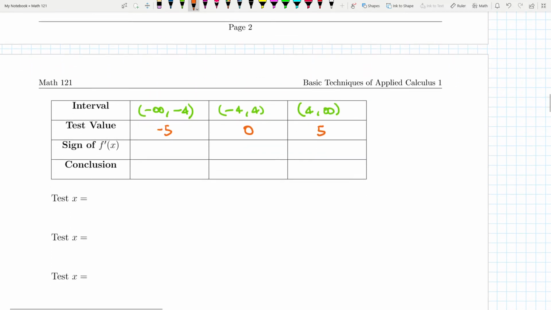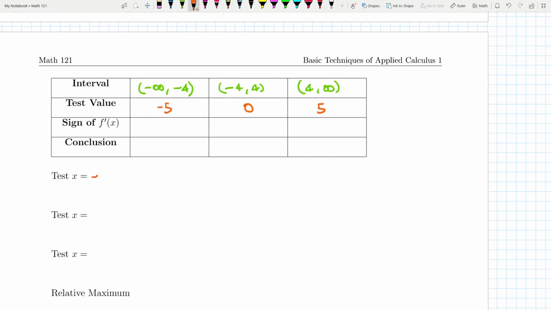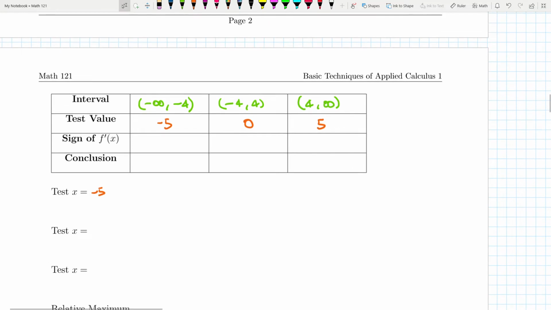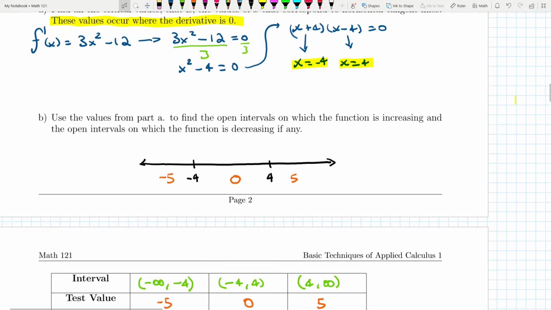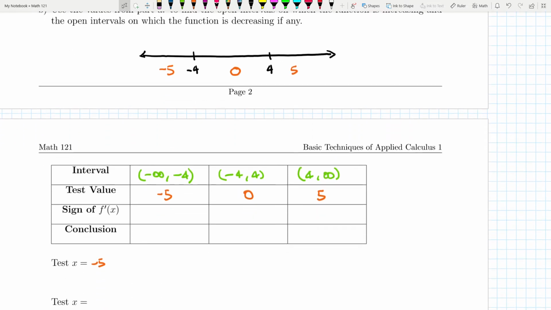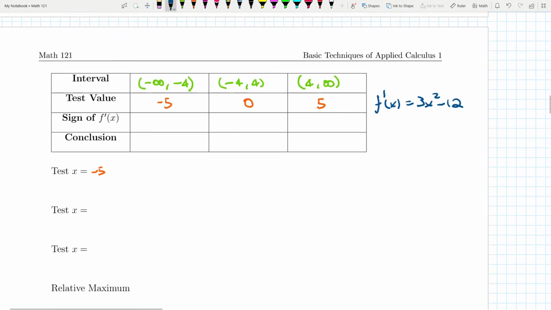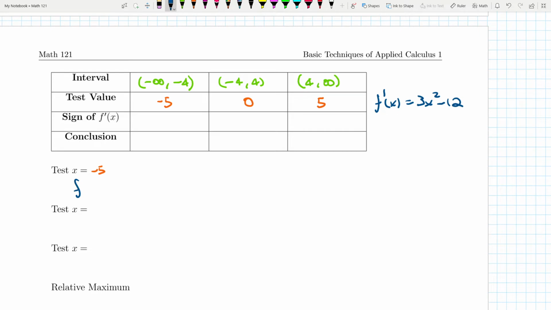So our test values, let's list them here: -5, 0, and 5. Let's say test x equals -5. We are going to test on the derivative. Let's recall that the derivative is 3x squared minus 12. Okay, let me write it down again. f prime of x equals 3x squared minus 12. We're going to use this function to evaluate the test values.